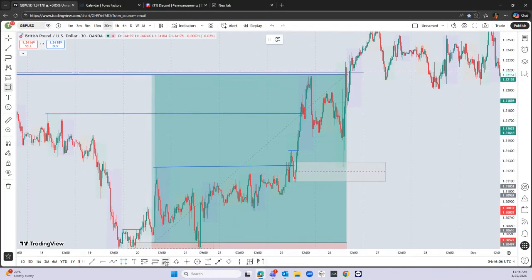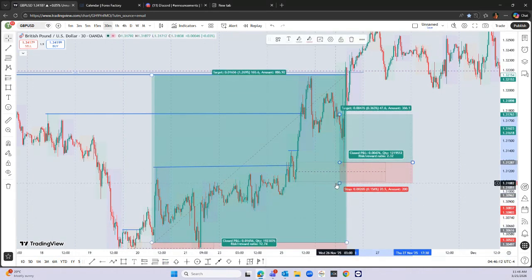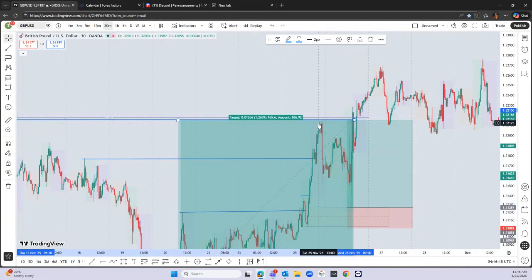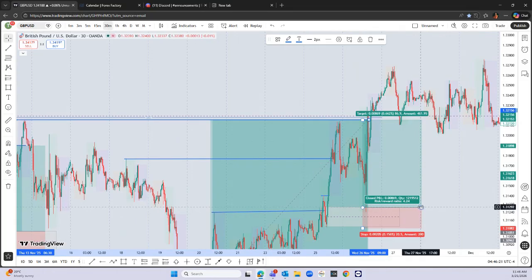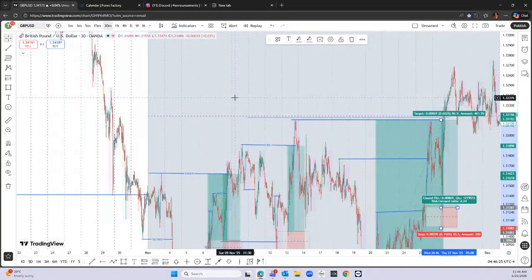So this is how we get our long position. We have stop loss there, and we are targeting these highs here, and that's a risk to reward ratio of about 1 is to 4.2.